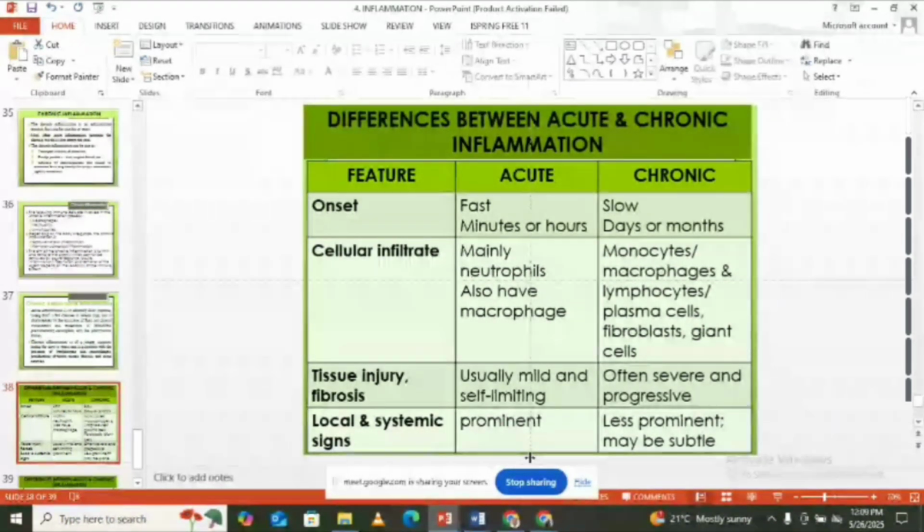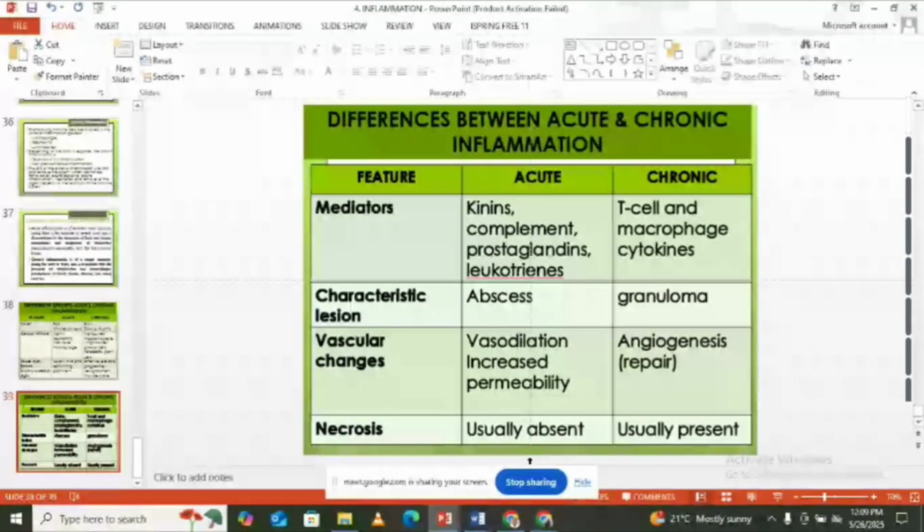In chronic inflammation, they are less prominent, but they may be subtle. They may not be as pronounced as they could be in acute inflammation. The mediators involved are the kinins, complement, prostaglandins in acute, and the T cells and macrophages in chronic inflammation.